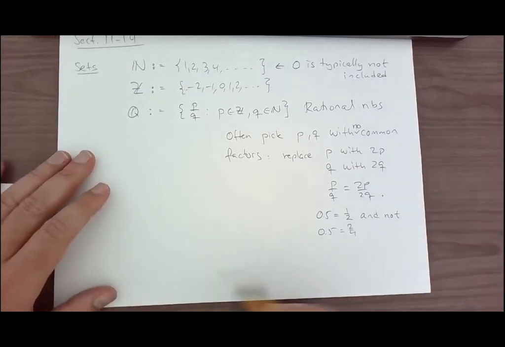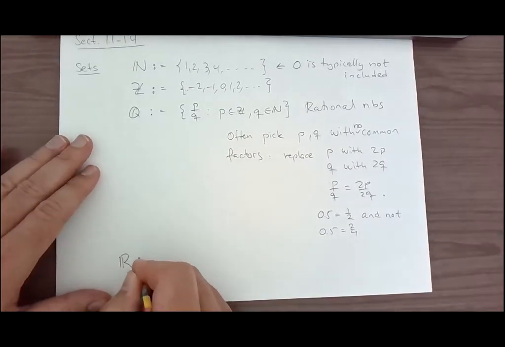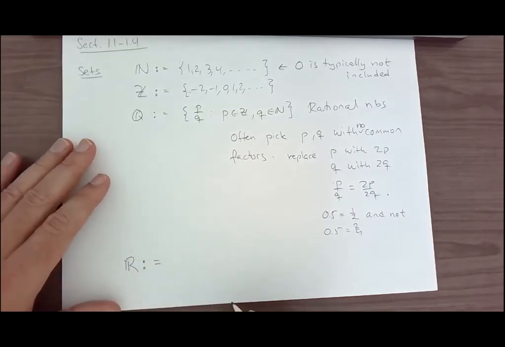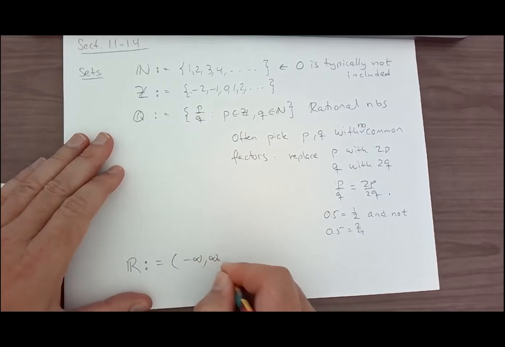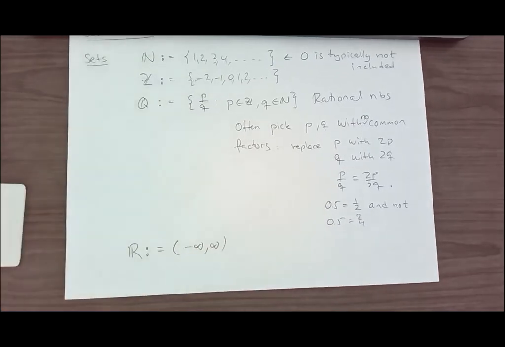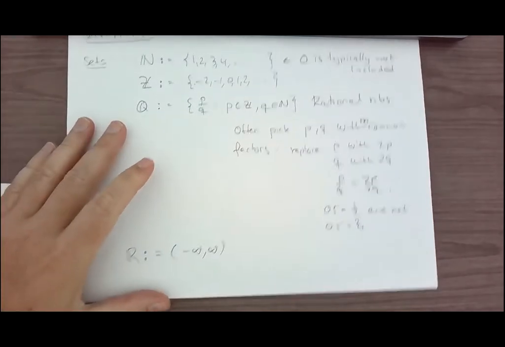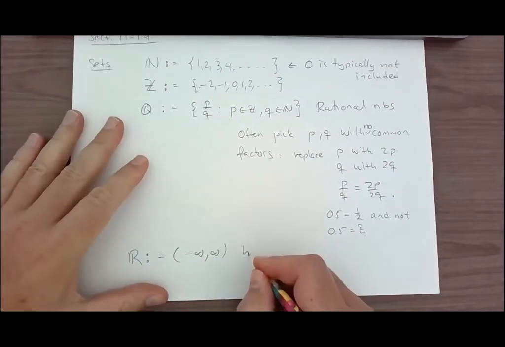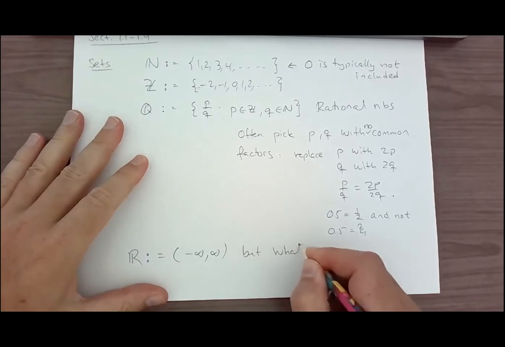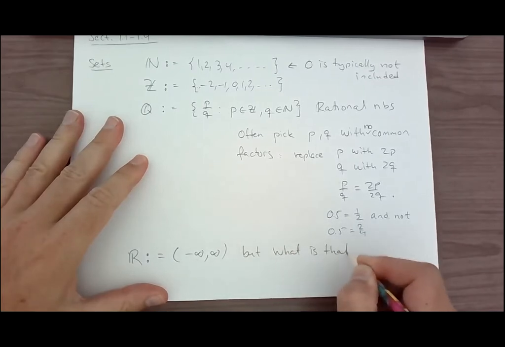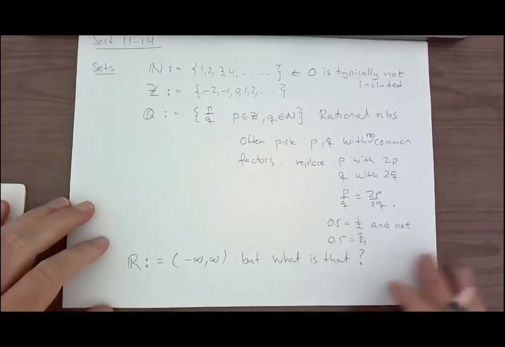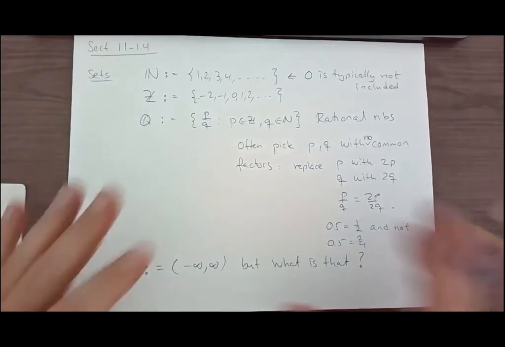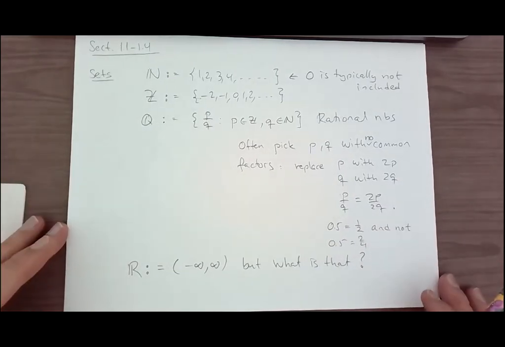And then in real analysis, this is of course about the real numbers. The real numbers are the interval from -infinity to infinity. But what is that? That's one issue that I want to talk about today.